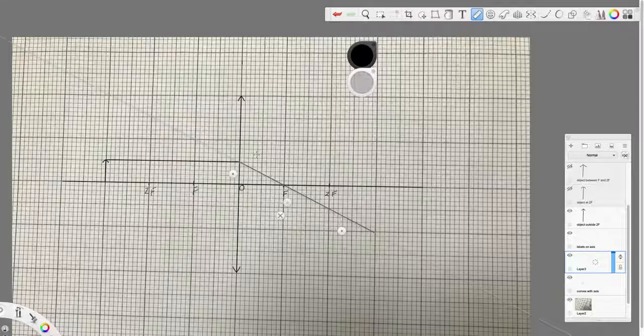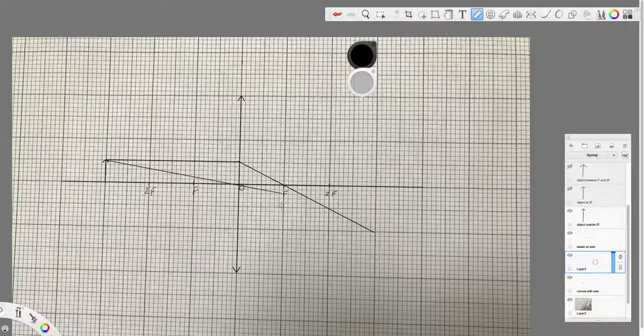If we then take another of our special rays, let's say we take one that runs from the object through the optical center, which is there, and then we run our ray down like that.